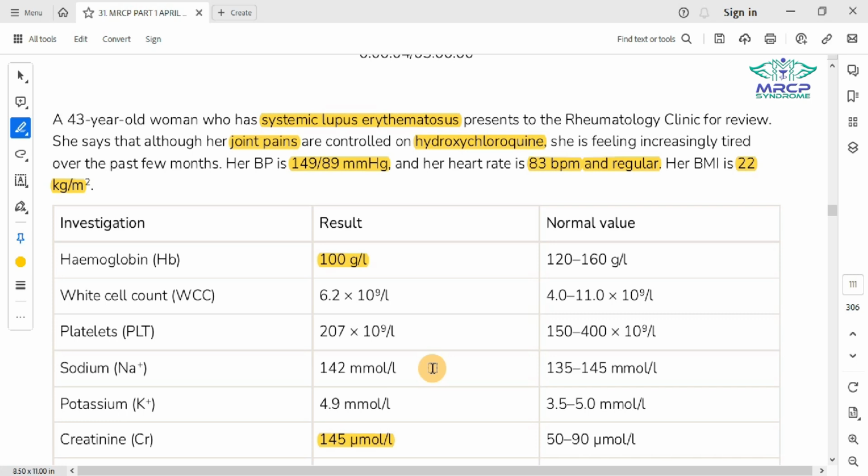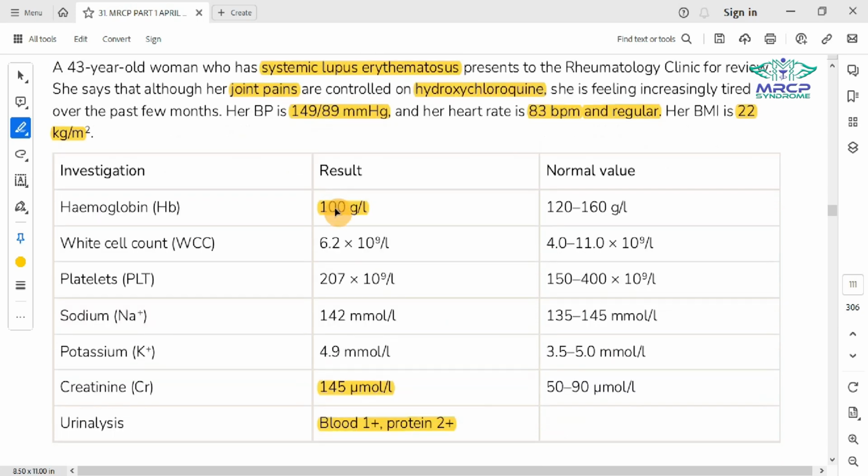She says that although her joints are controlled on hydroxychloroquine, she is feeling increasingly tired over the past few months. Her blood pressure is 149 over 89 mmHg, and the heart rate is 83 beats per minute and regular. Her BMI is 22 kg per meter squared. Hemoglobin is low, WBC normal, platelets normal, sodium and potassium normal, creatinine is high, and there is blood 1 plus and protein 2 plus in the urine.